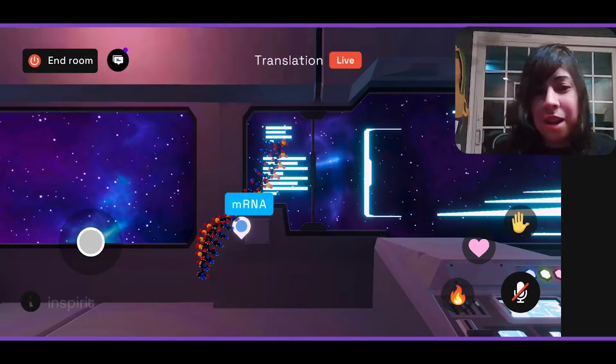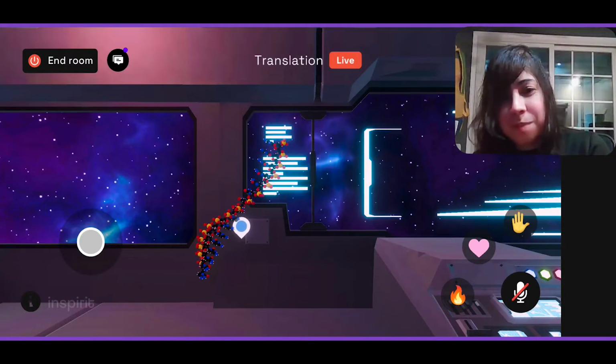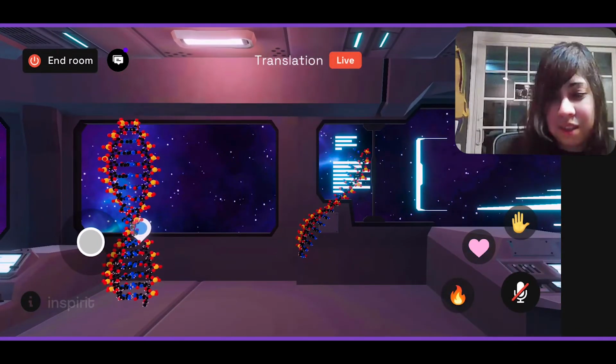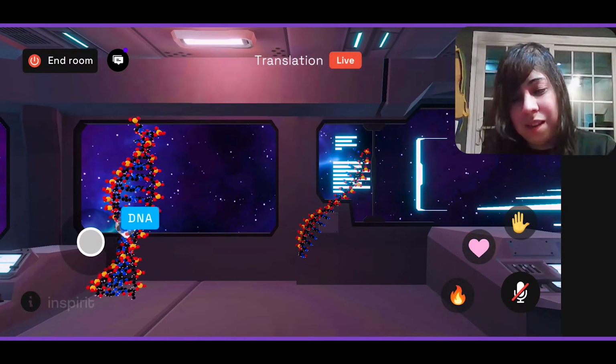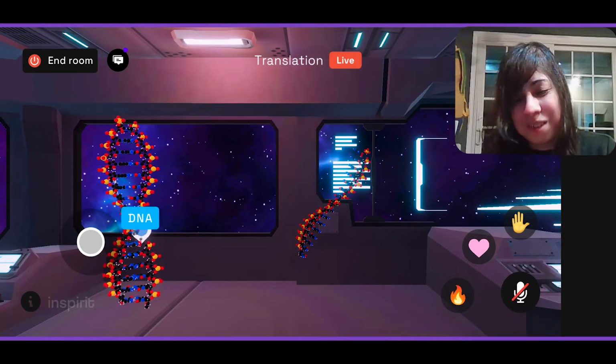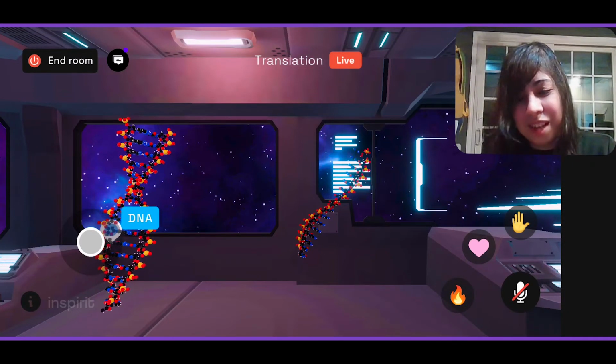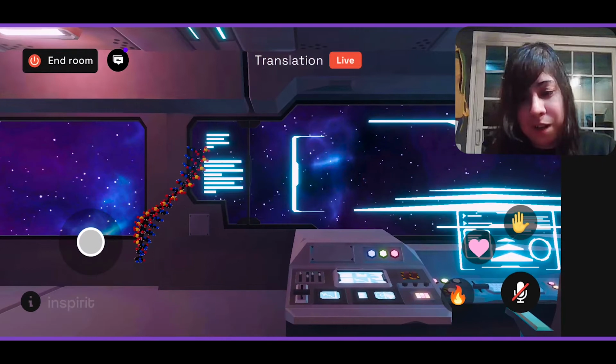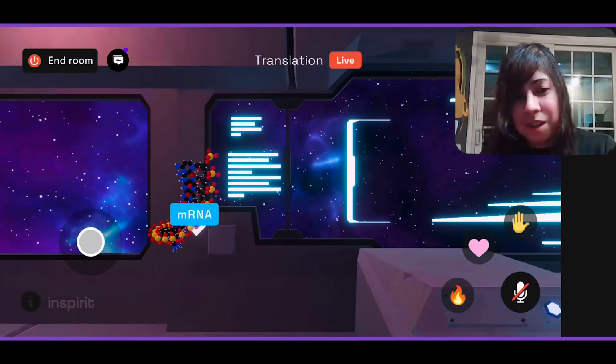The messenger RNA, mRNA, is a single-stranded molecule that complements a specific DNA template. And as you can see, right next to it, we have its DNA template or complement DNA template. Now the difference between the two, as you can see, is that the DNA is double-stranded and the RNA is single-stranded.